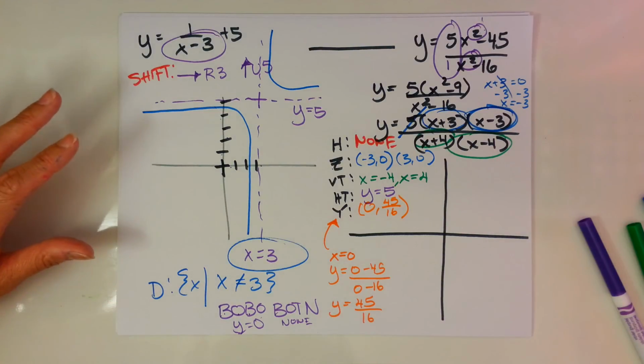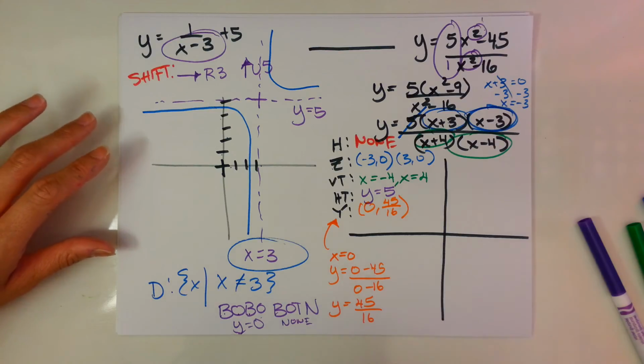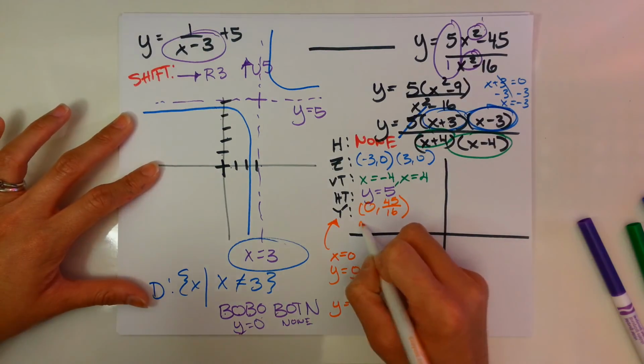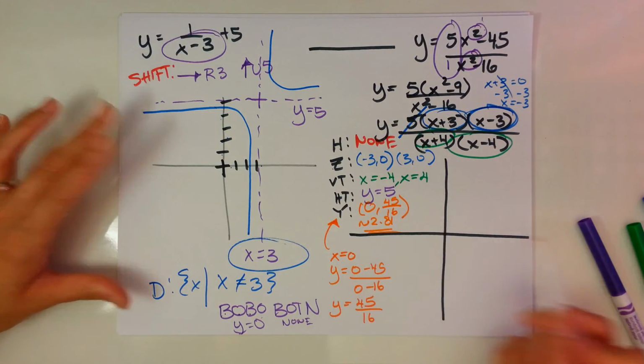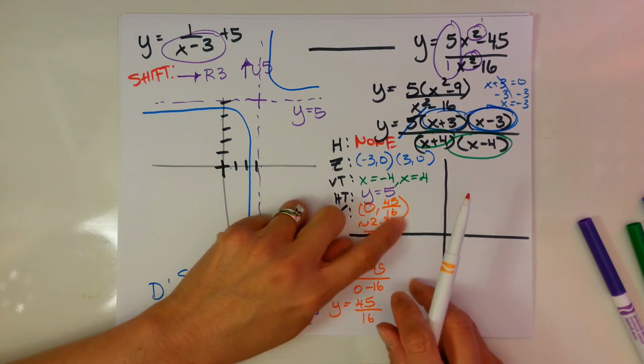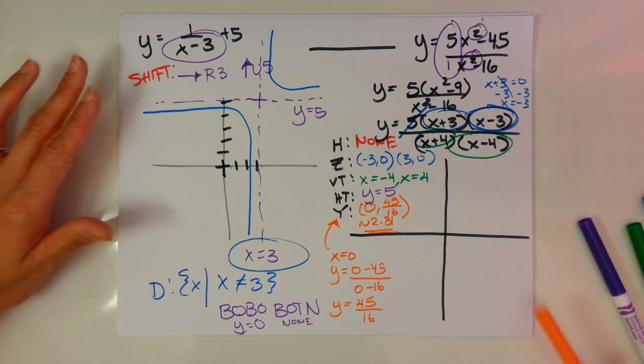Now, if you actually find that number, it is 2.81. Now, I'm only telling you the decimal because even though I want the fraction for the test, this is going to help me kind of ballpark where my graph is going to go.